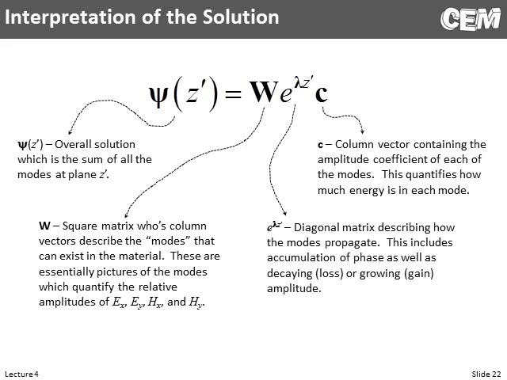And then C are weighting those individual modes. We have all the modes in W that propagate according to what's in that exponential, but we don't know how much energy is in each one of those modes. That's what's described in C, the amplitudes of each of those modes. And we can selectively put more energy into one or the other. So that's how we interpret our solution.